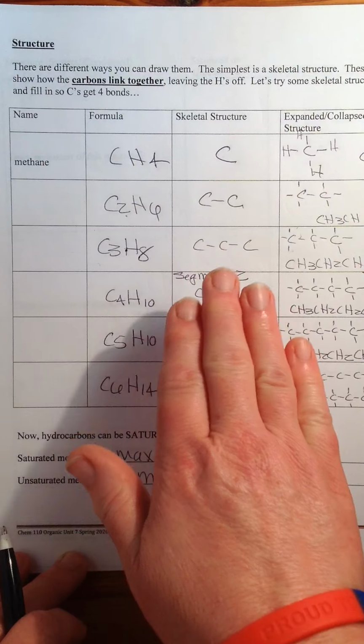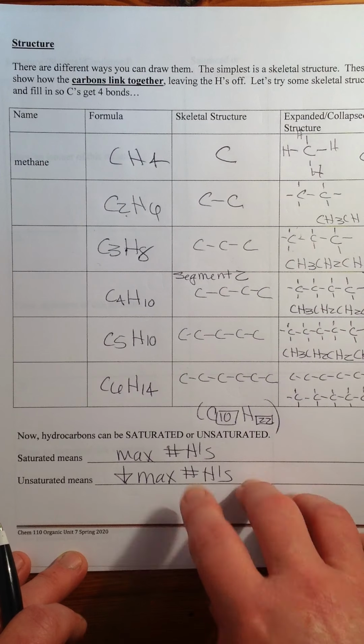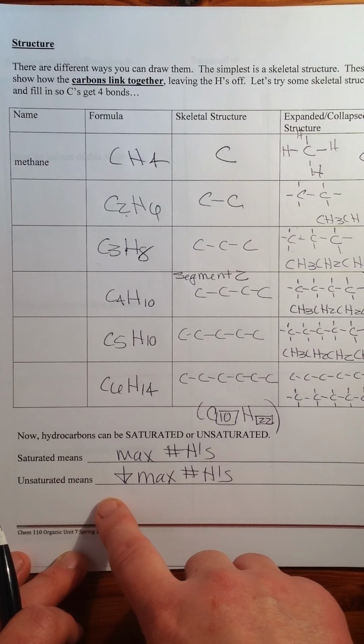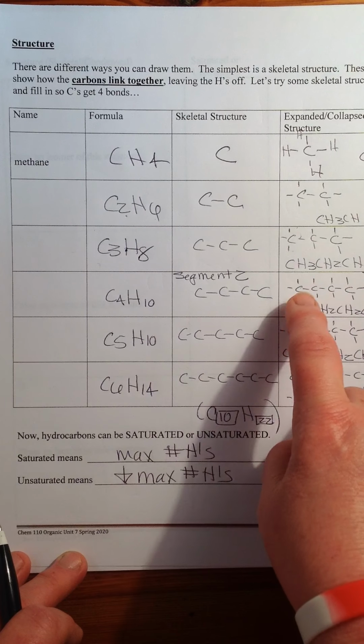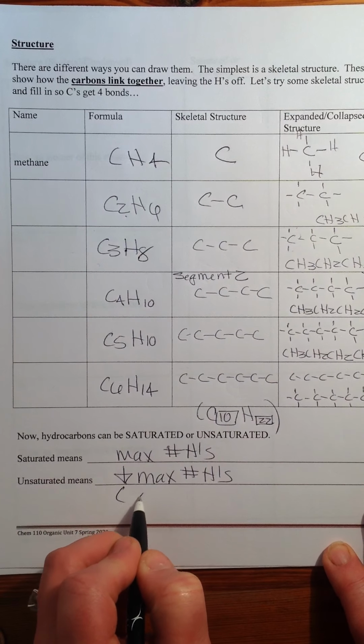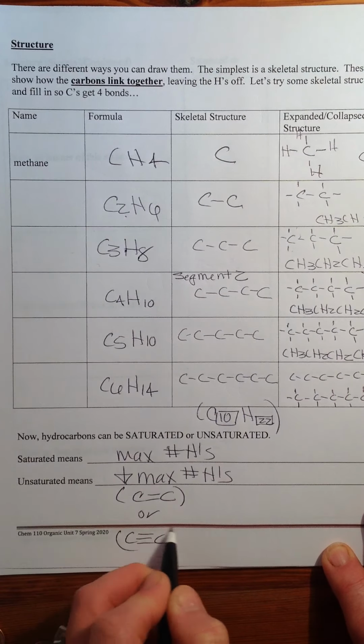And so all of these are showing the maximum number of hydrogens that you can put on if these carbons link together in the way they do. Unsaturated means somewhere along the line you're going to lose some hydrogens. And therefore, what this means is you're going to get a carbon-carbon double bond or a carbon-carbon triple bond.